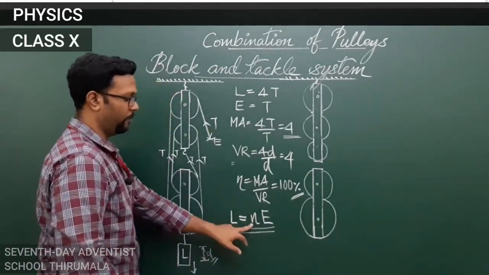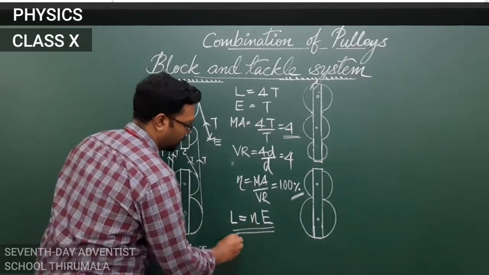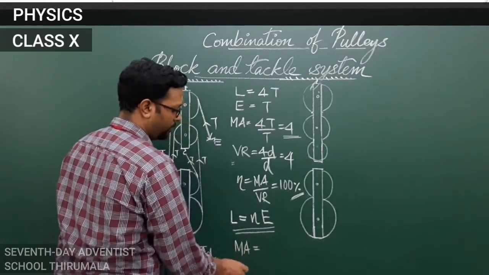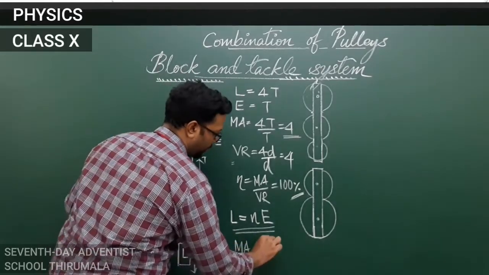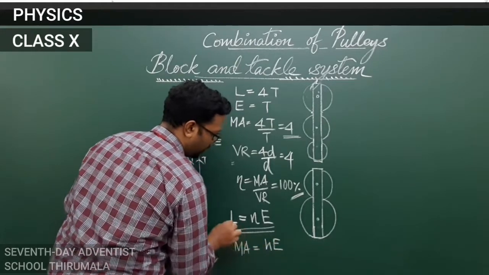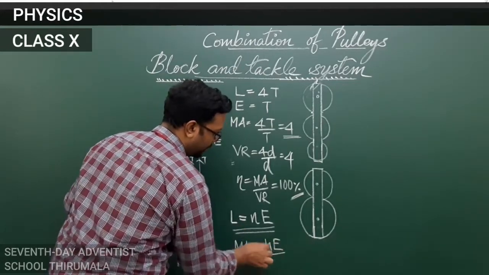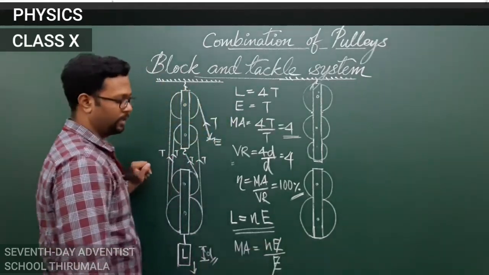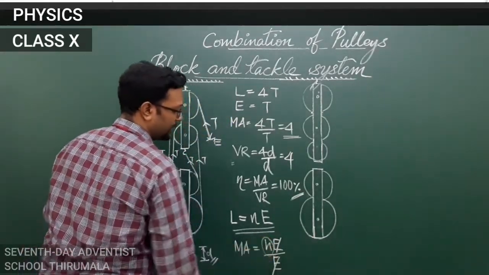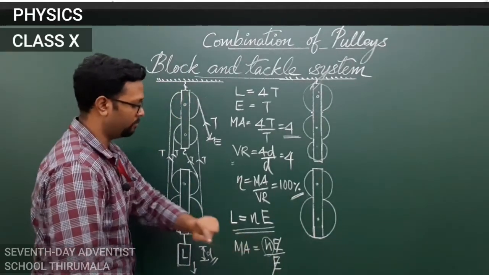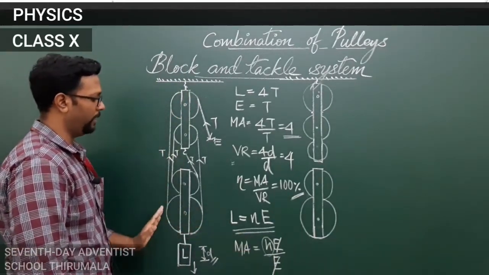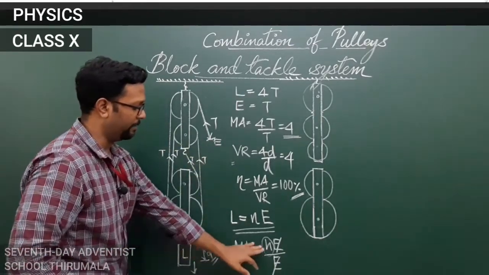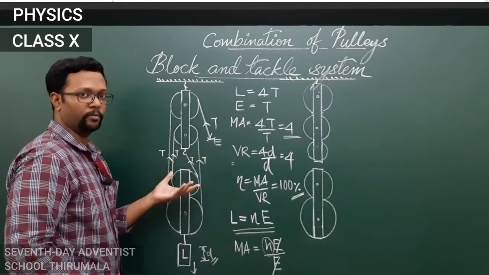So if we want to find mechanical advantage, then mechanical advantage is equal to load by effort, which is NE, the load we substituted by NE, divided by effort E. So we get the mechanical advantage as number of pulleys. If you are using 4 pulleys and the effort in the downward direction, then mechanical advantage will be equal to the number of pulleys, that is 4.